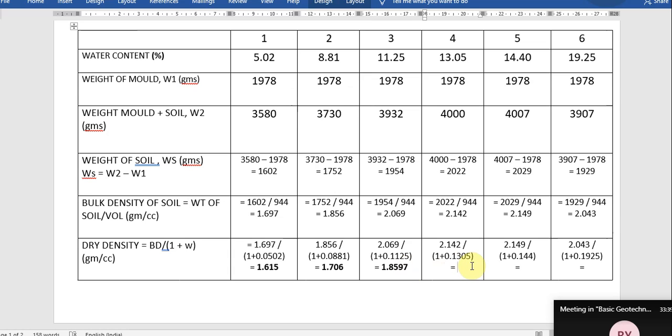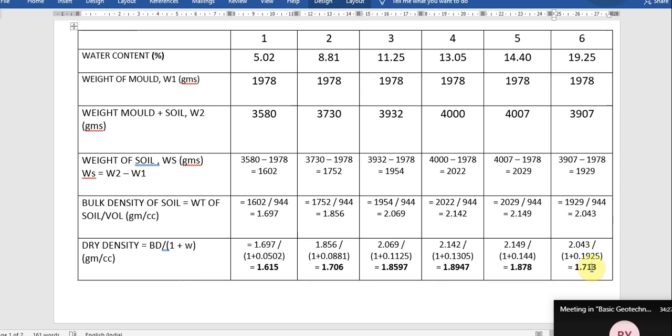Fourth trial, 1.8947. Fifth trial, 1.878. Last trial, 1.713.